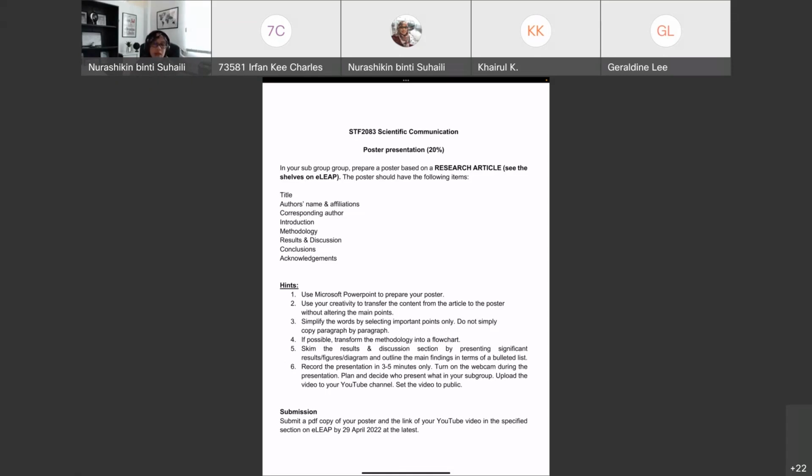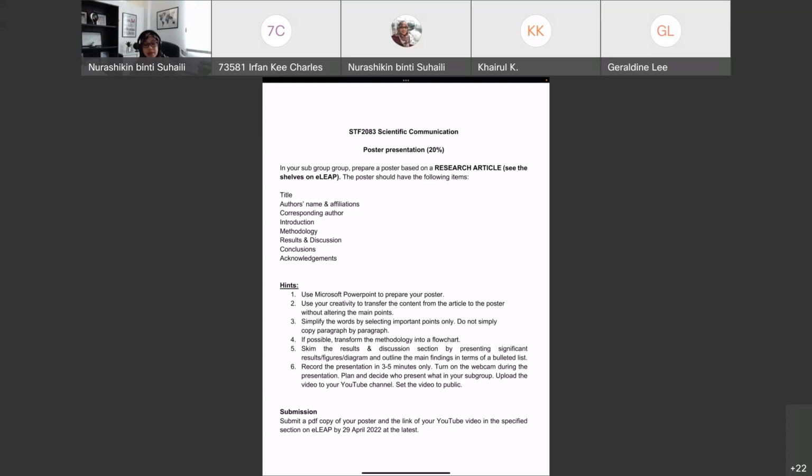Results and discussion. If there are important figures, put them into your poster, but you have to select the significant results and then state the key findings. You can't copy whole paragraphs from the paper. Conclusion as well, you have to put it in the form of simple sentences.